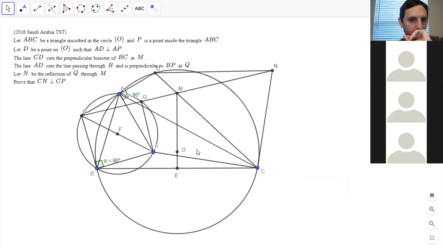Just tricky. How do we take advantage of the symmetry?